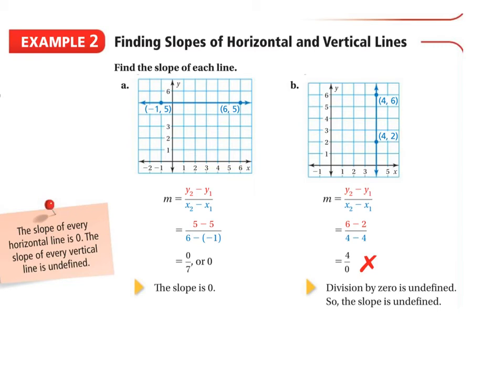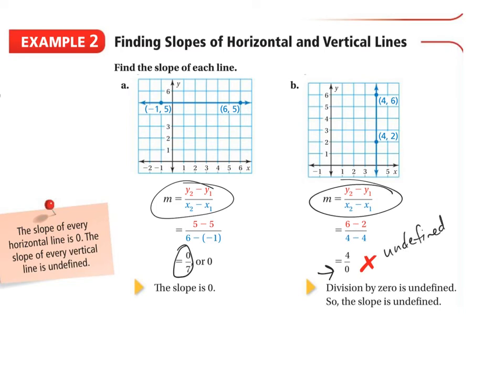Okay, so what happens if I do my slope equals y2 minus y1 over x2 minus x1, and I get this value, 0 divided by 7. So that means the slope is 0, and you have a horizontal line. And then same exact thing, you do this, and you end up with 4 divided by 0. Okay, you can't divide by 0, so this one is called undefined.